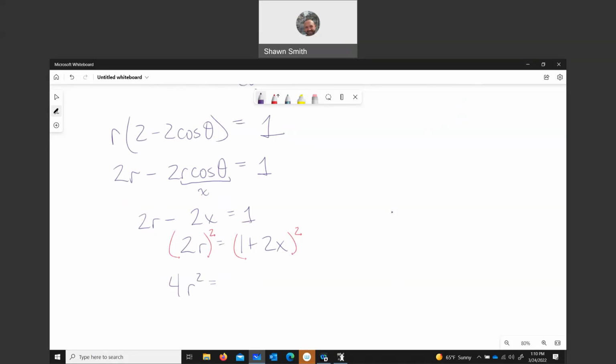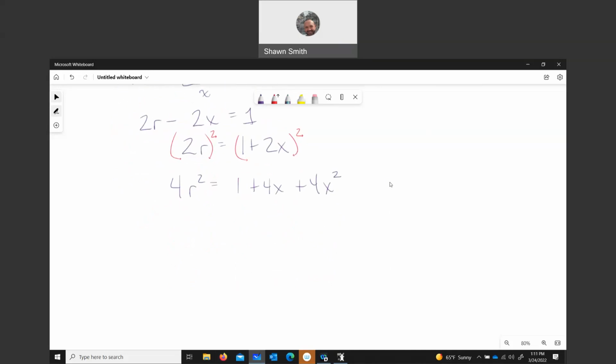Foiling this, 1 plus 2x times another 1 plus 2x. 1 times 1 is 1. Outer will be a 2x, inner will be another 2x, totals of 4x, and last will be a 4x squared. R squared, we know, is, Pythagorean theorem, x squared plus y squared.